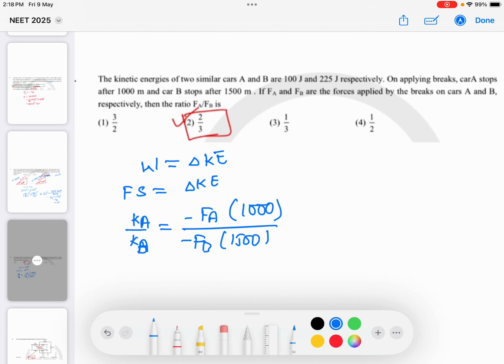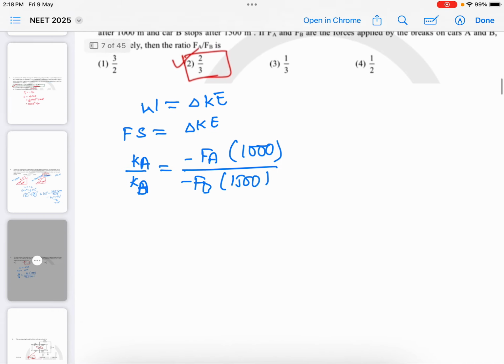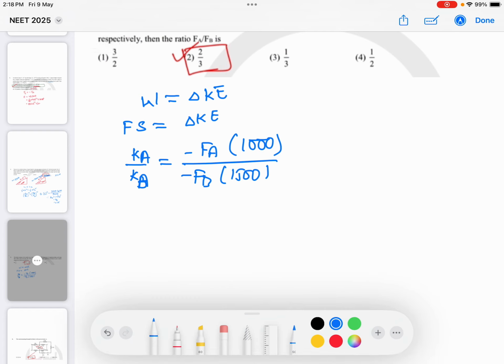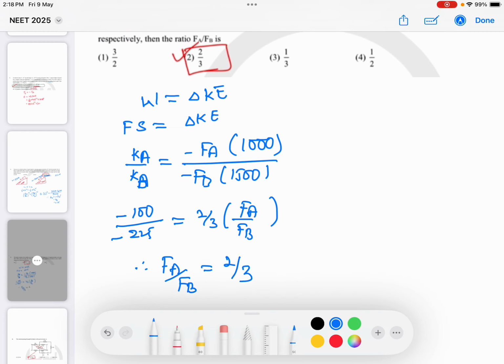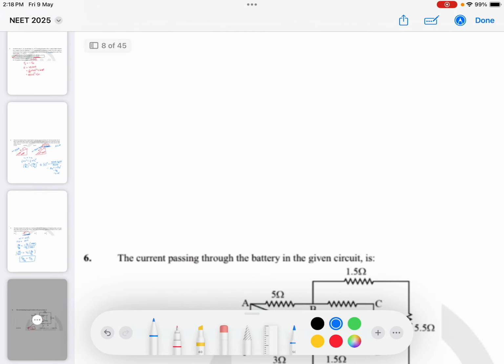So according to data, this can be calculated. So minus 100 divided by minus 225 is equal to 2 by 3 times the force acting on car A divided by force acting on car B. So finally you get force acting on car A divided by force acting on car B is equal to 2/3. This is existed in option number 2.